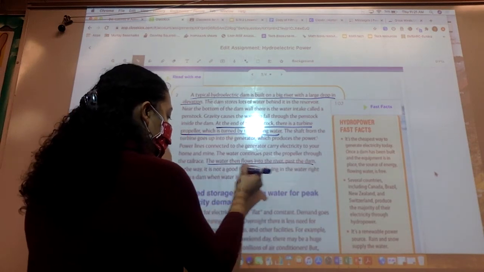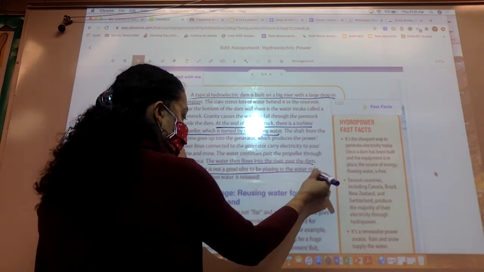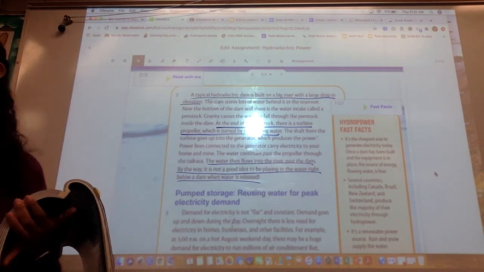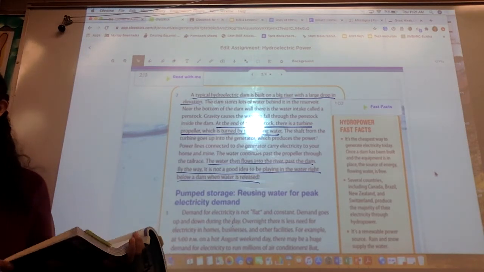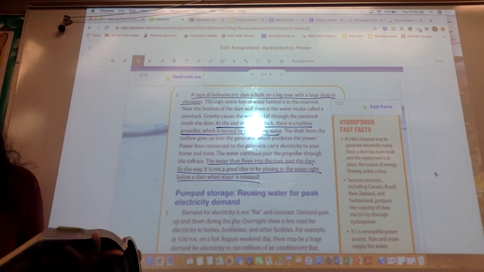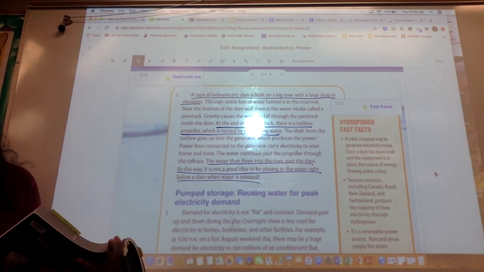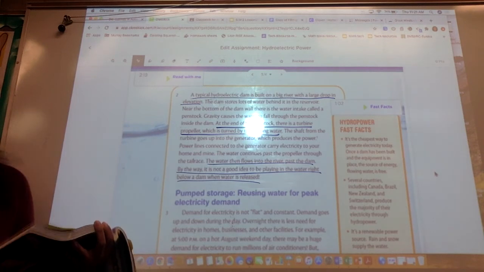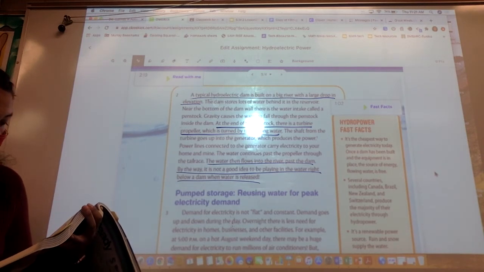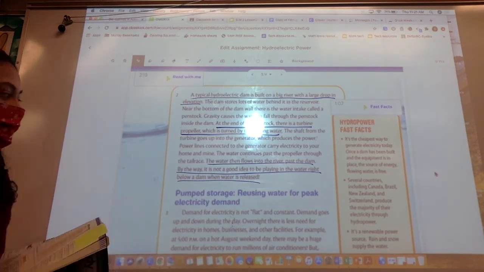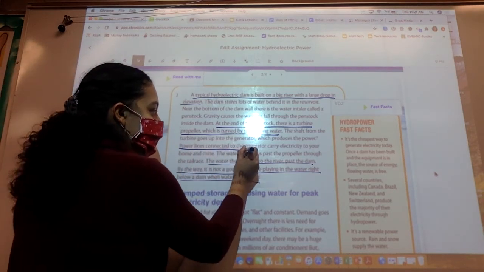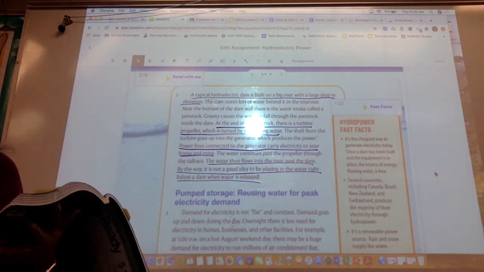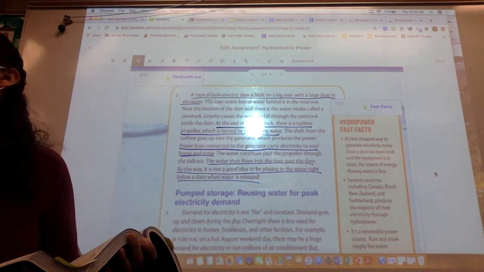Okay, thank you, Dylan. Problem, benefit. Power lines connected to the generator carry electricity to your home and mine.